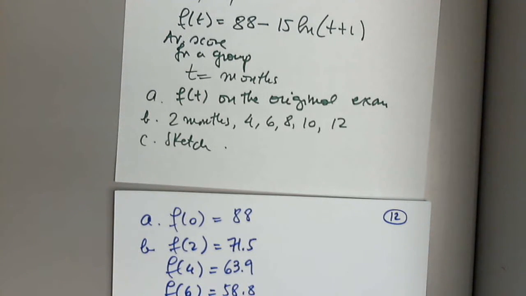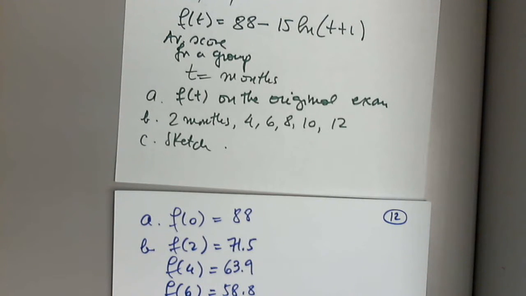You cannot plug in 0 into the log. That's why you got error. Look at the function one more time. And you have too many parentheses. So it's 88 minus 15, there is no need of parentheses, natural log x plus 1. Is that okay? Yep. We got it? Yep. Perfect. So, here it is.